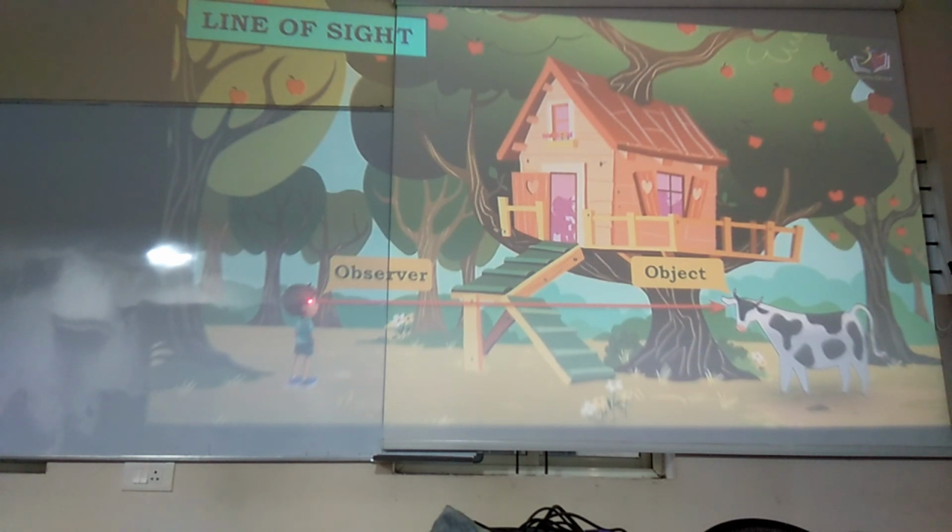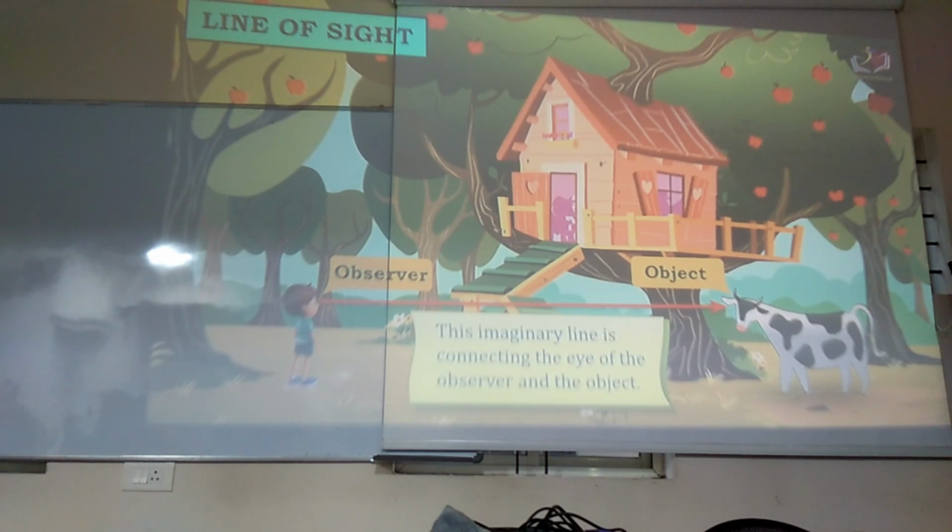Okay. He is seeing, his eyes are here, he is seeing the object. So, write down. The imaginary line connecting the eye of the observer and the object is called line of sight.